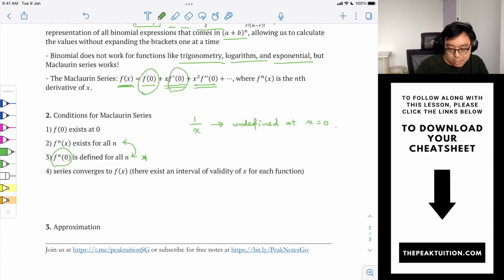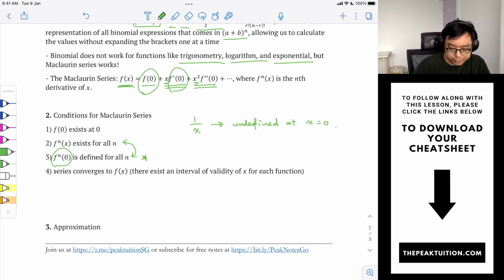And fourthly, the series must converge to the original function, f of x. We notice that there's always an x squared, and so on and so forth, right? So if the derivatives keep becoming larger and larger, there is a possibility that this sum to infinity does not converge, because we know that when we have x to the power of a very large number, it could easily end up becoming infinitely large.